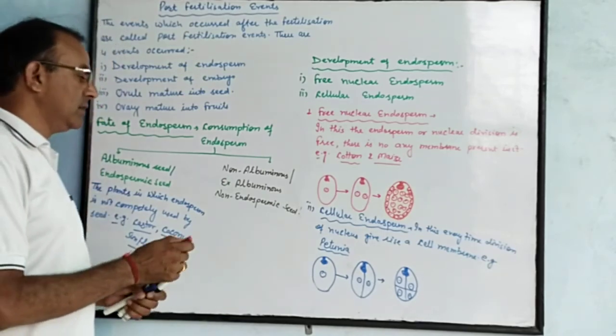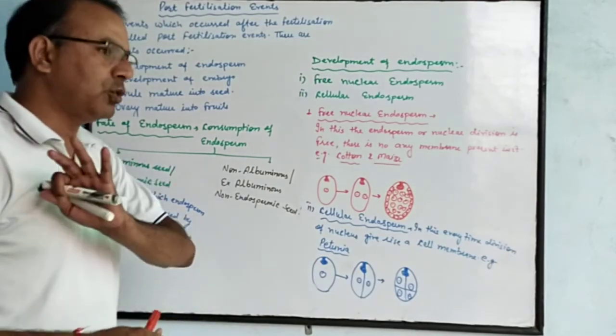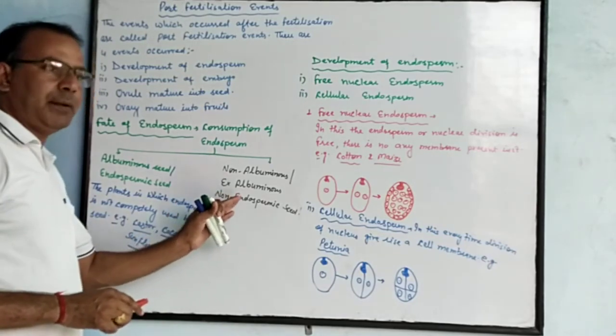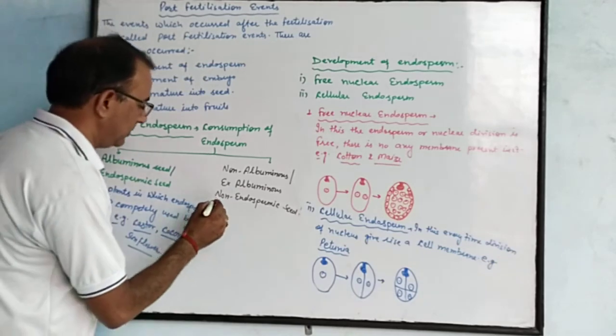But in some plants, the seeds consume all the endosperm. There is no endosperm left. That is called non-albuminous, ex-albuminous or non-endospermic seed.